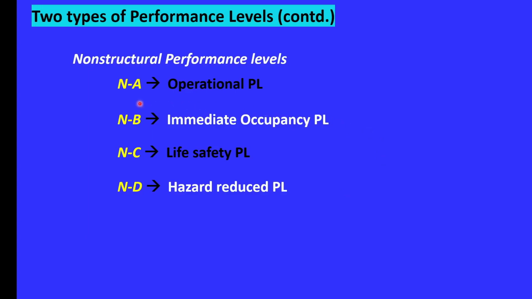So, remember NA, NB, NC and ND, these are the different levels: operational, immediate occupancy, life safety and hazard reduced performance level for non-structural elements. But in some buildings, the non-structural performance level might not have been considered at all. So, that also should be given a nomenclature, and it is given as NE, not considered.